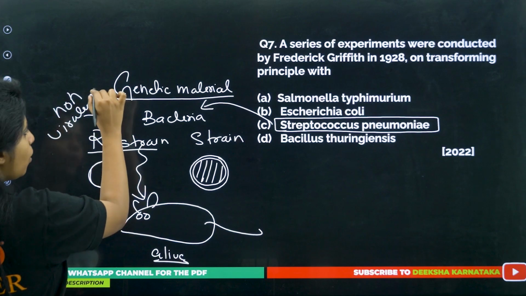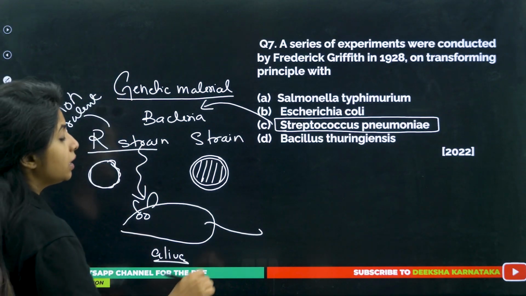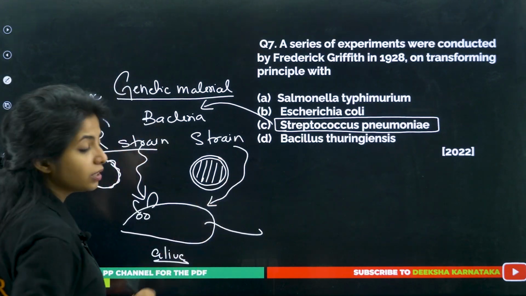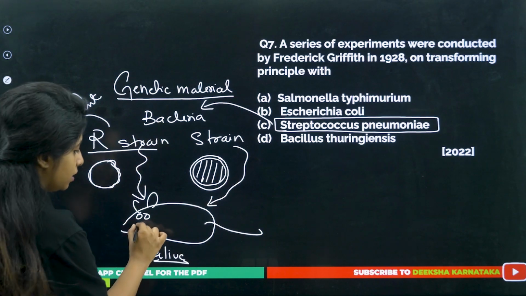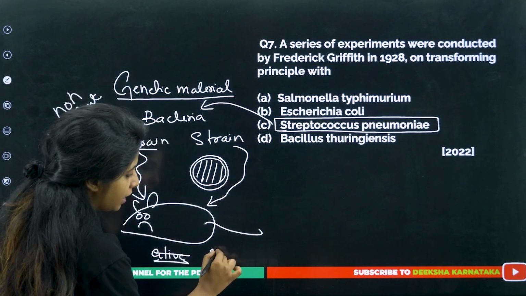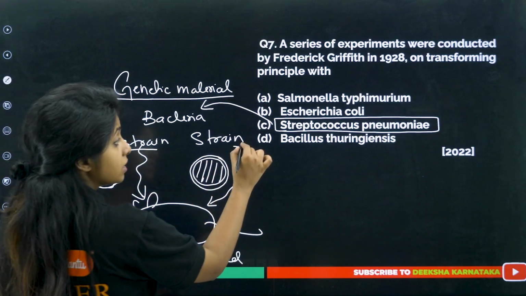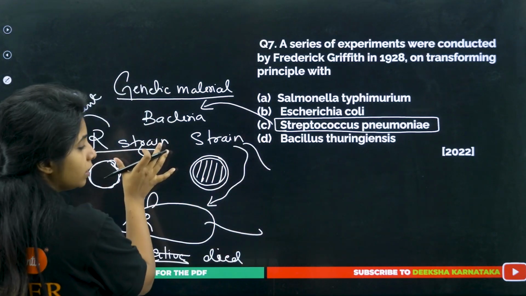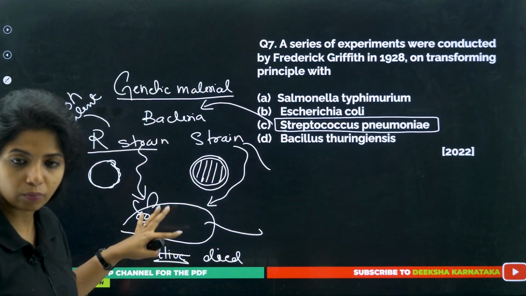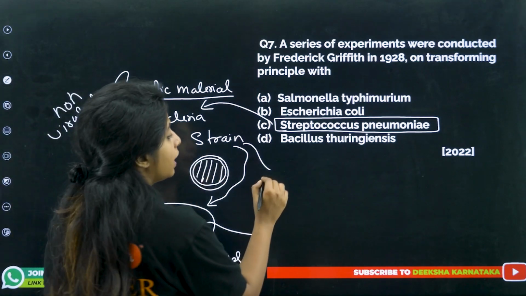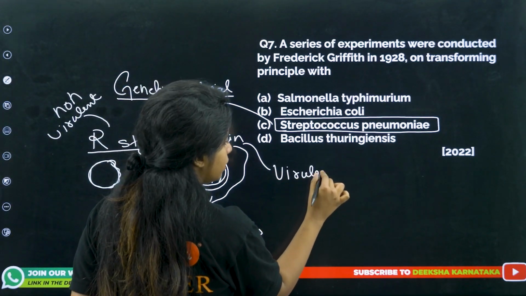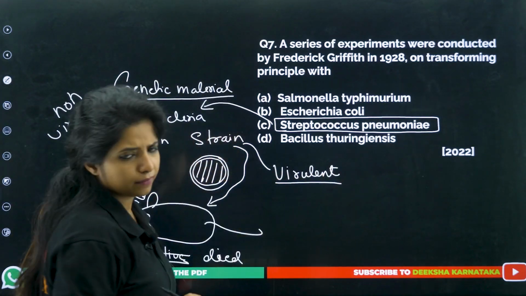Then I put in the S strain. When I put in the S strain, this particular mouse died. It died, my dear children. So that means this S strain is the one that causes pneumonia. The R strain is just a non-virulent one. It does not cause any trouble. This is the guy which is virulent. Okay, so he did that.